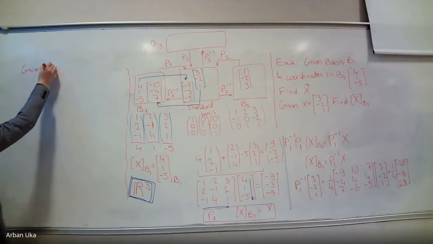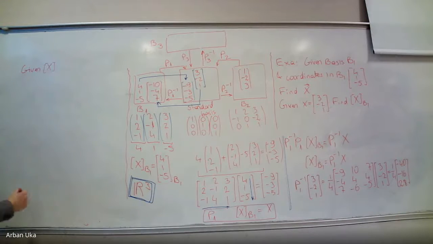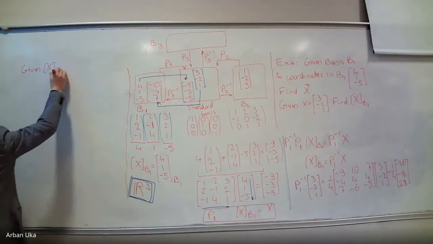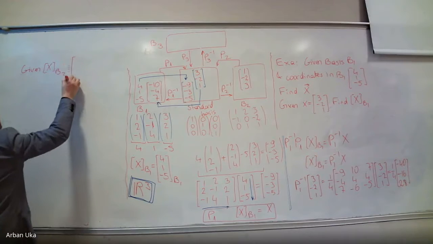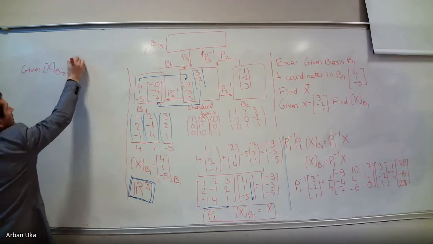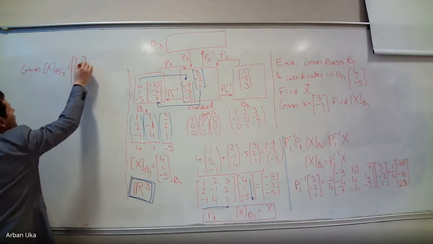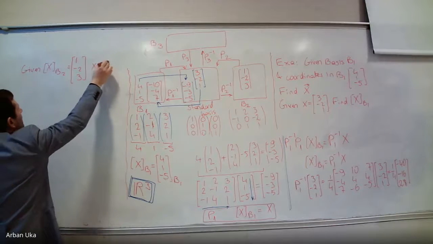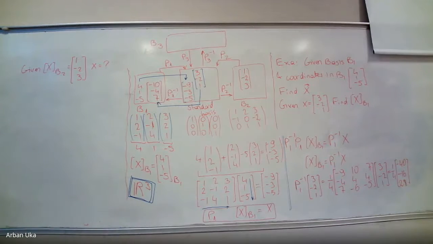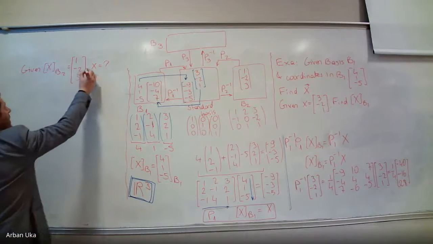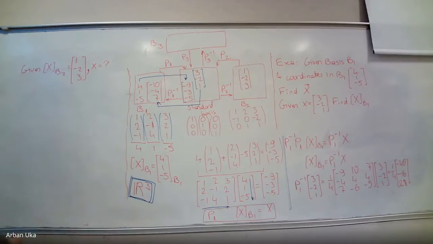So the question is, given x in basis B2 equal to 1, minus 2, 3, find x in the standard basis. How would we find that? Any comment?